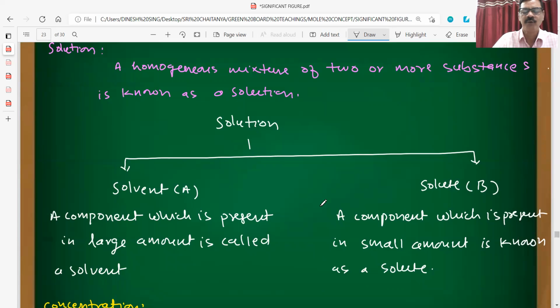The remaining, molality and mole fraction, I will discuss in the next lecture.